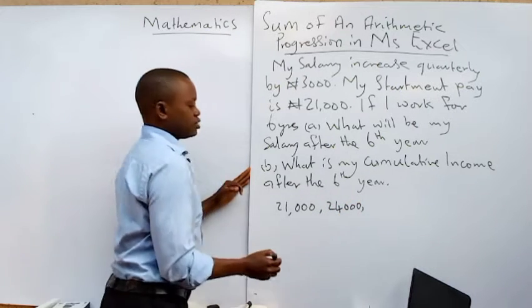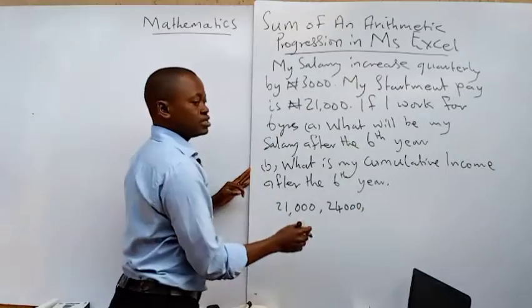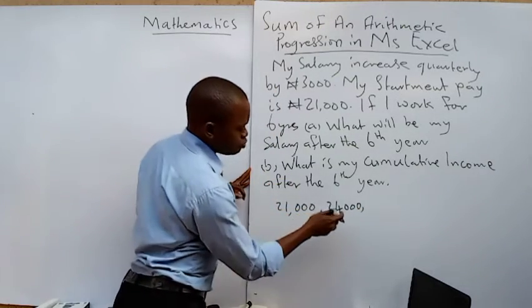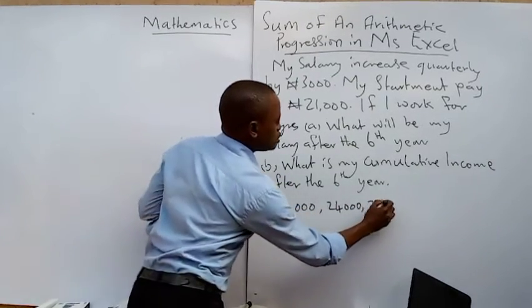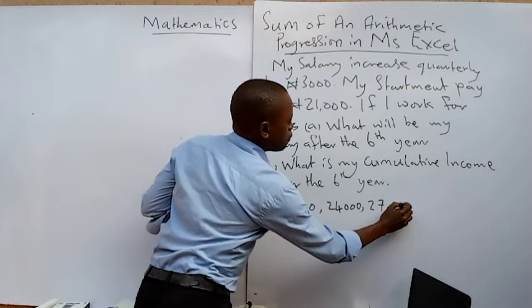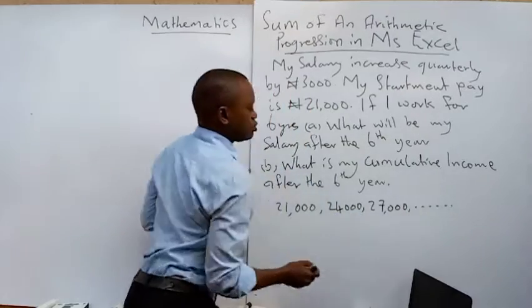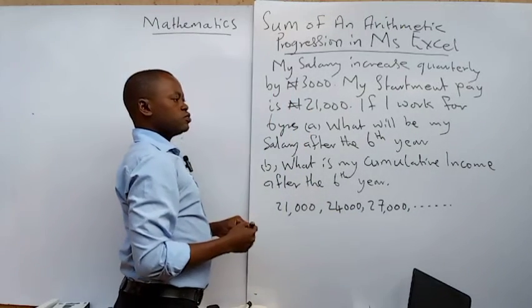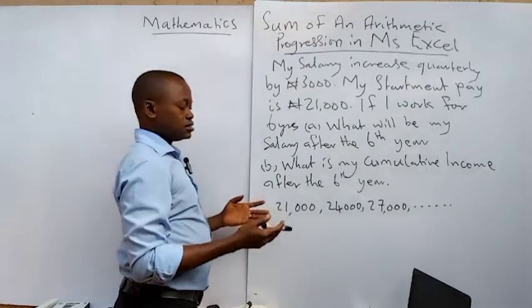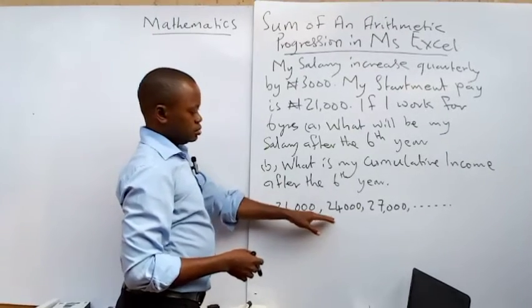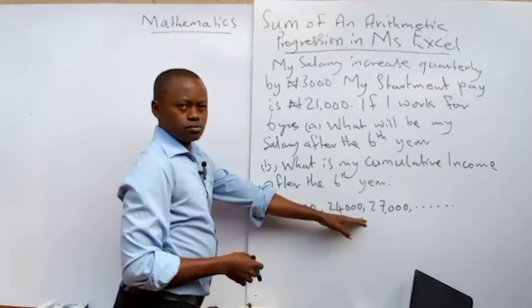And after another 3 months again, the person receives an addition of 3,000 naira again, and that will make the pay become 27,000. Do you see how this thing is progressing? Now this person wants to know what will be happening after 6 years. You see that this is an arithmetic progression.